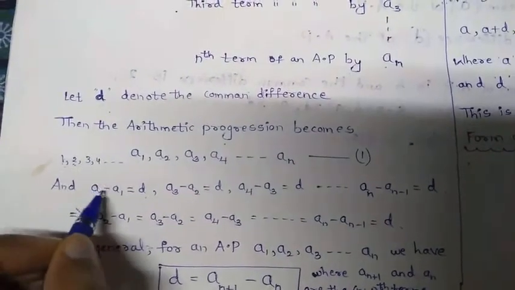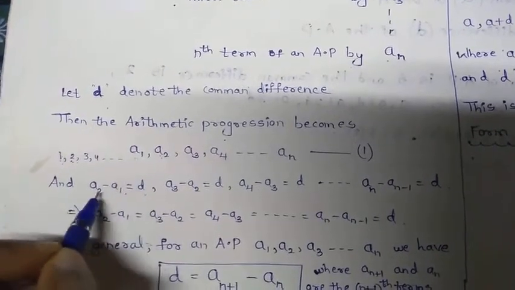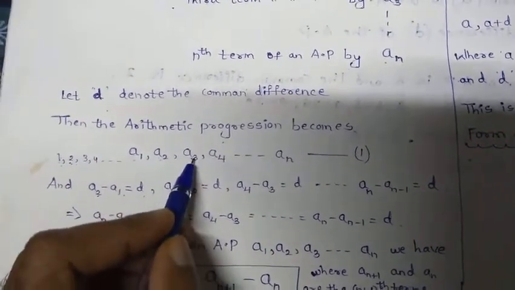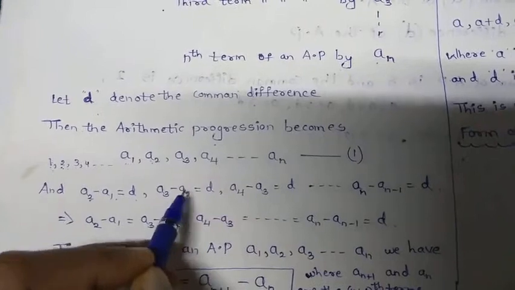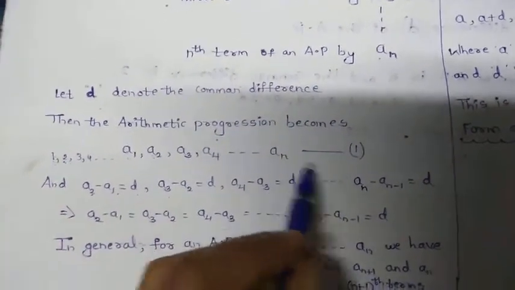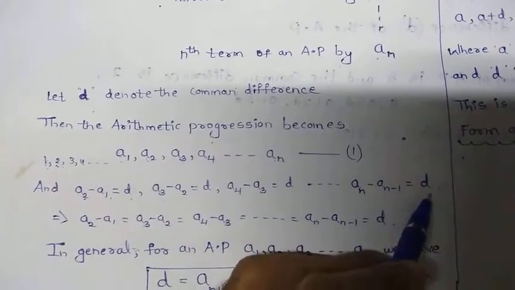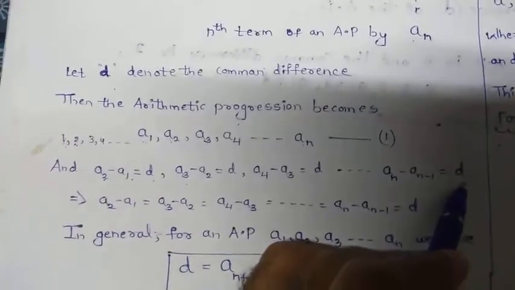So in general we write it as second term minus first term, third term minus second term, fourth term minus third term equals d, and so on up to a nth term minus a n minus 1th term gives the common difference as d.